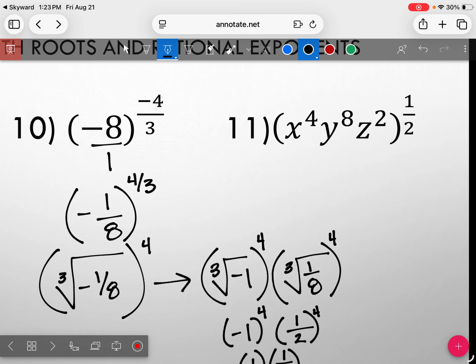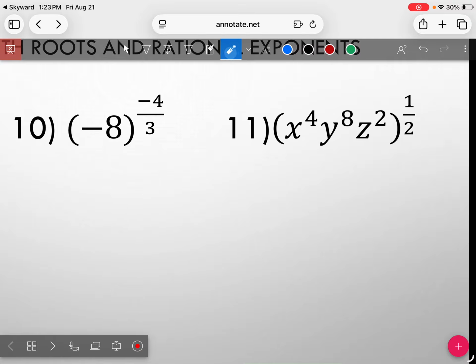Okay, who remembers the rule? When you have a power on the outside, if you have a power on the outside, what am I doing with that? With these, am I adding them, subtracting them, multiplying them, or dividing them? Who says add them? Not add them.